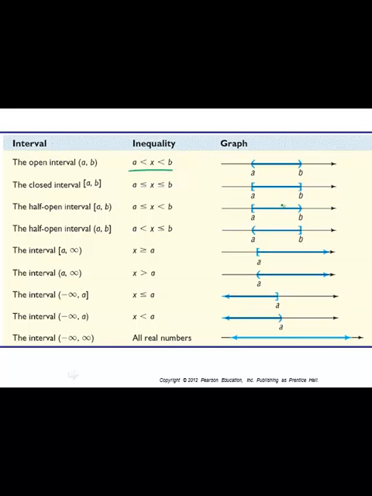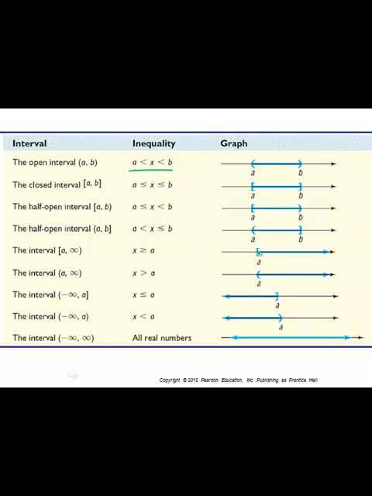Here's your half open interval greater than or equal to A, less than B, with the respective closed bracket and open parentheses. Here's the half open interval greater than A, less than or equal to B.